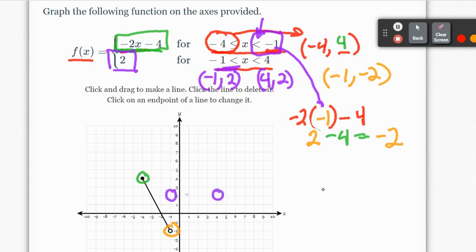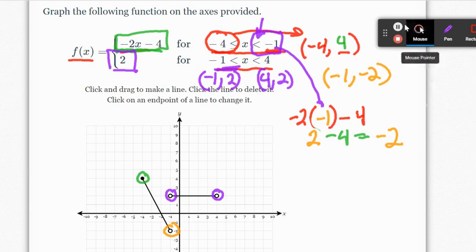And everywhere on here, there's going to be a horizontal line at a height of 2. I'm just not going to include the -1 value, and then I'm not going to include also, again, the 4 value. So just click and drag, and there should be a line appearing, and then I just make sure I click and make those open dots to have holes. So this is the piecewise defined function here, and I've graphed the two different pieces using the endpoints as my guide.